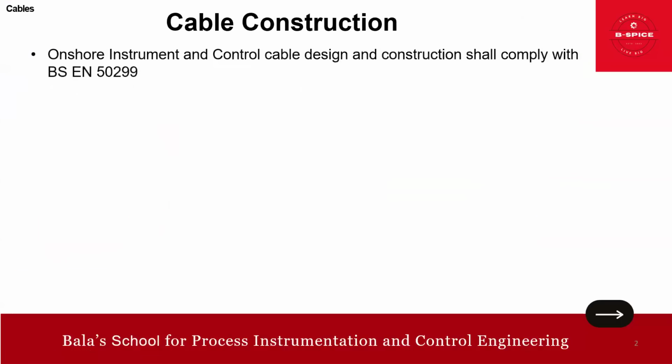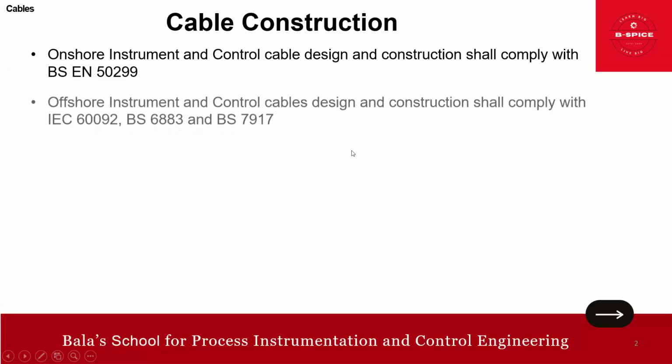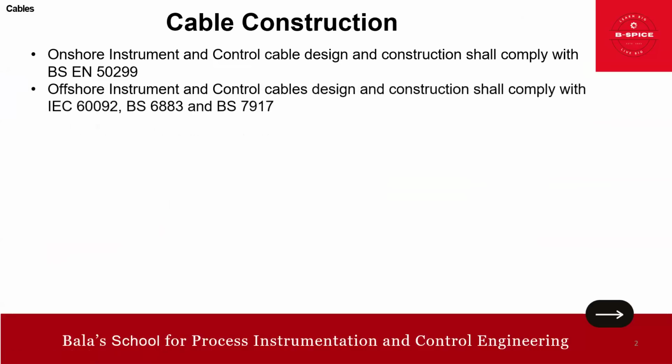Okay. So cable construction, friends: onshore controller instrument cable design and construction shall comply with BS EN 50299. And we are talking about the design and construction. Offshore instrument cable shall comply with IEC 60092, BS 6883, and BS 7917.